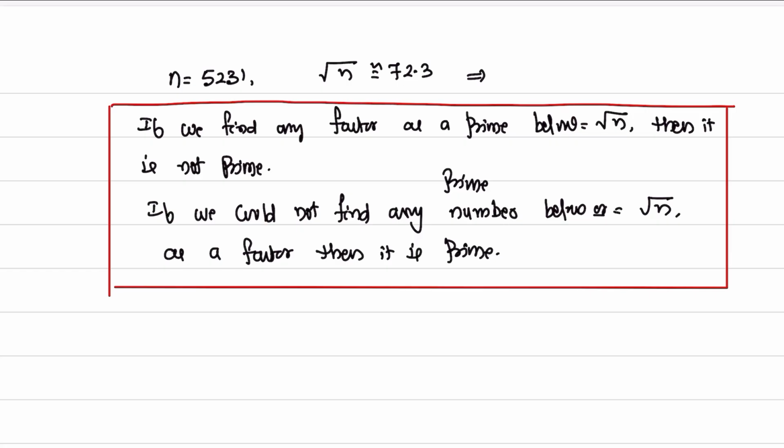If there is no factor below or equal to the square root of n, then that particular number is a prime number. This is a very, very important step. Please try to understand this step in this example.